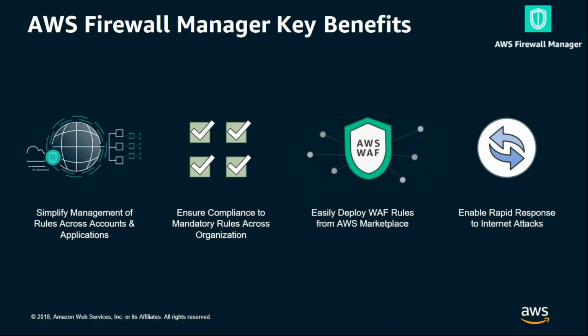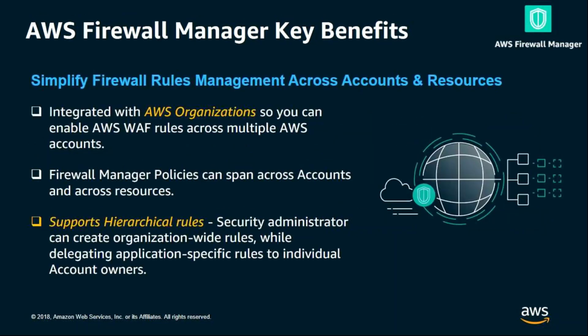Now let's dig into each one a little bit more so that you have a better sense of what I'm talking about. First of all, it's simplifying firewall rule management across accounts and resources. One of the first things that Firewall Manager does is integrate with AWS Organizations so that you can create WAF rules across accounts.